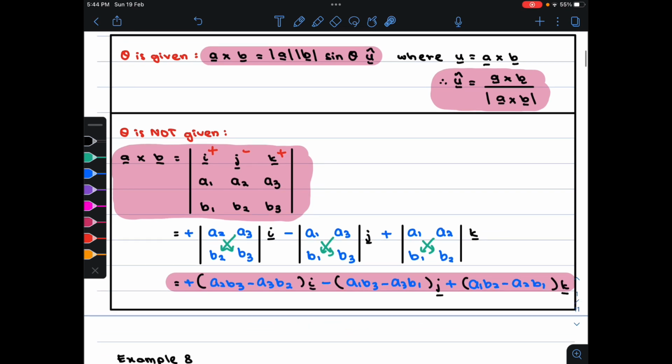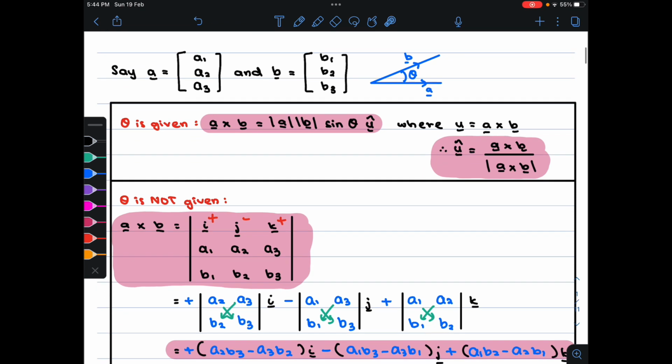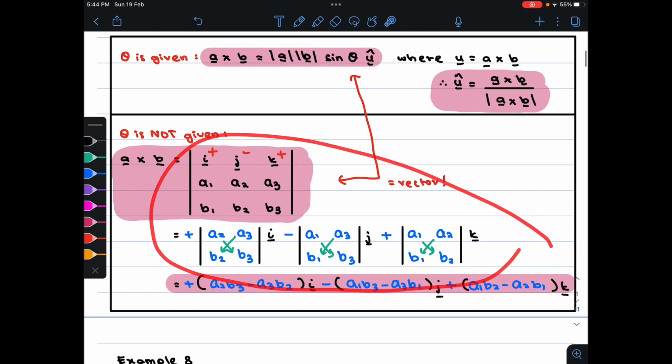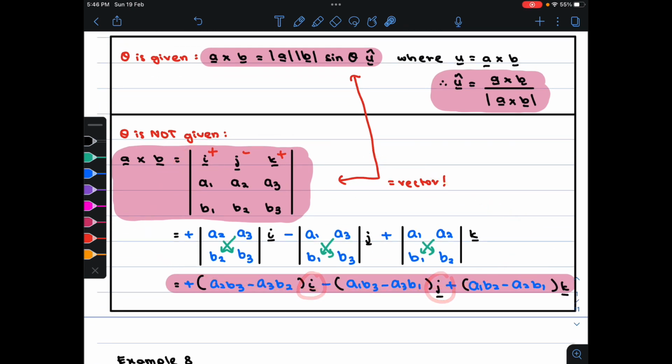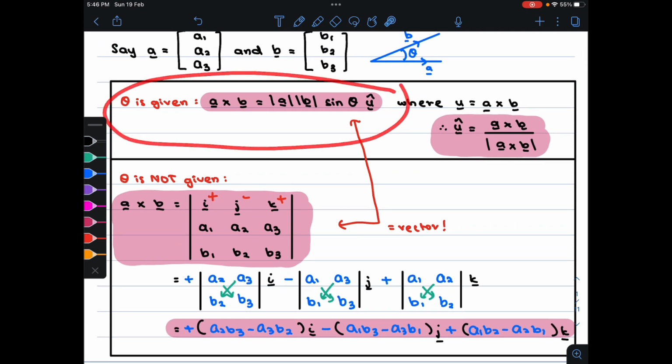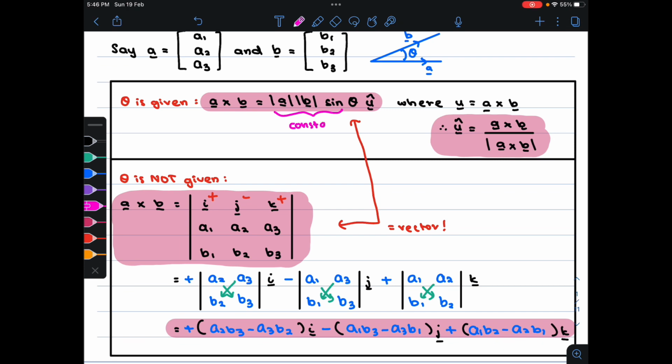So as you can see, by using vector product, the answer should always be a vector. For the second method, you can clearly see that we have I, j, and k. The same goes for the first method, where A cross B is magnitude A times magnitude B times sine theta. You know that these three will just give us a constant.